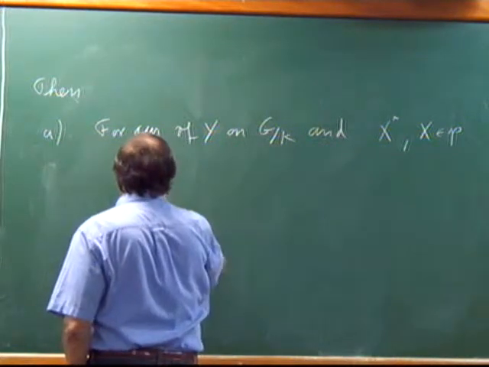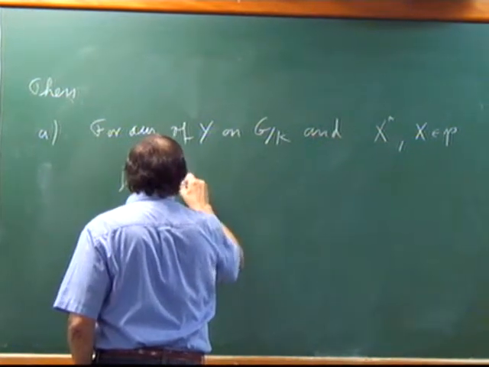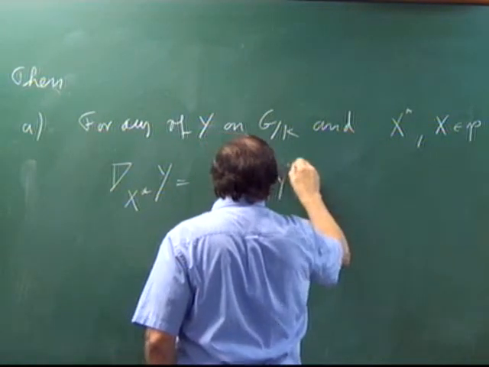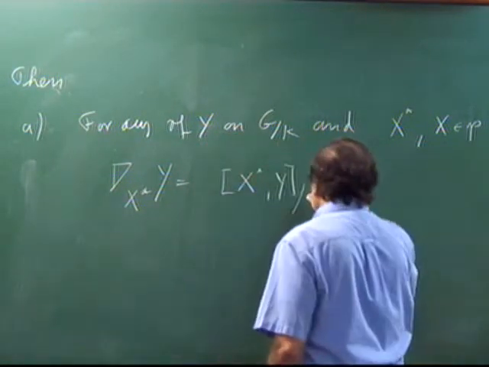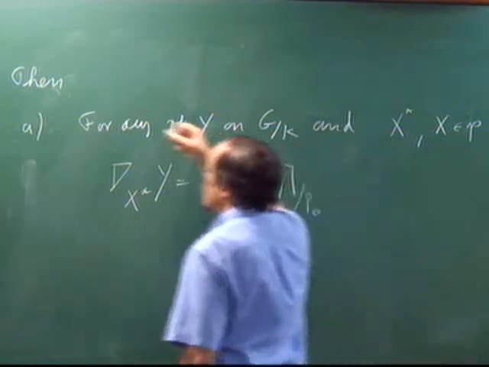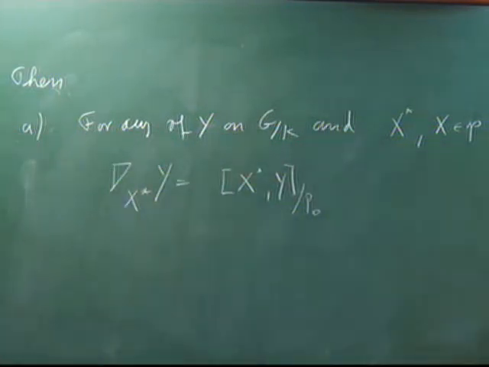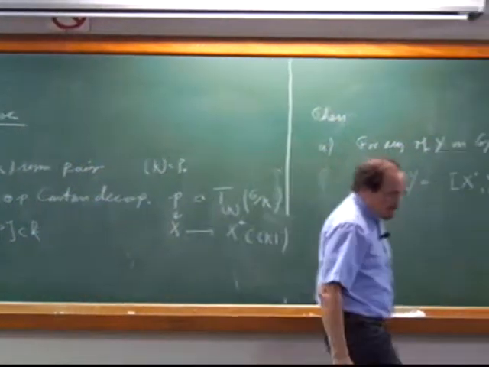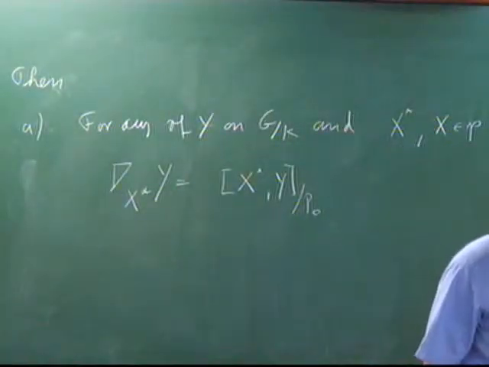Nabla_{X*} Y is equal to the Lie bracket between X* and Y, evaluated at the point p_0. So let's call the identity coset p_0, just to have a more convenient notation. So the connection is just given by Lie brackets.